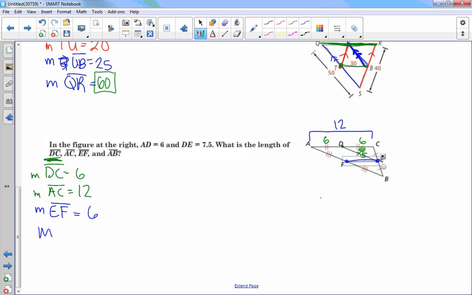Last one. Measure A to B. Hold that one up in the air, please. A to B. Do you know how we get it? Who can explain how we get 15?